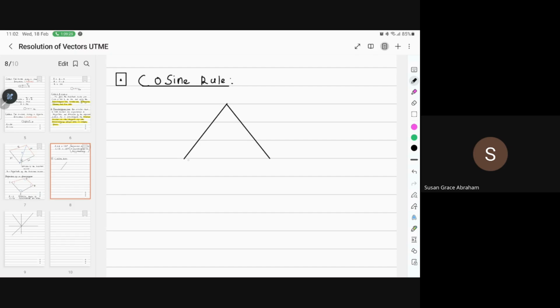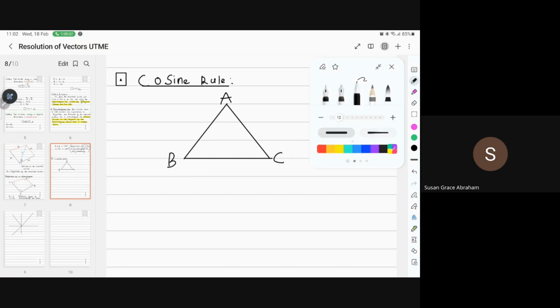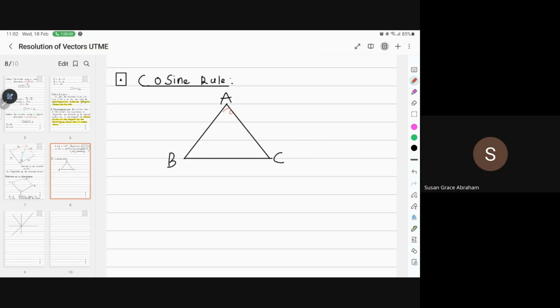Let's call here our capital A. Here be our capital B, and here be our C. Now, if I know this angle here, remember that this side is going to be our small c. If you can still remember your triangles very well, here is going to be my small b.